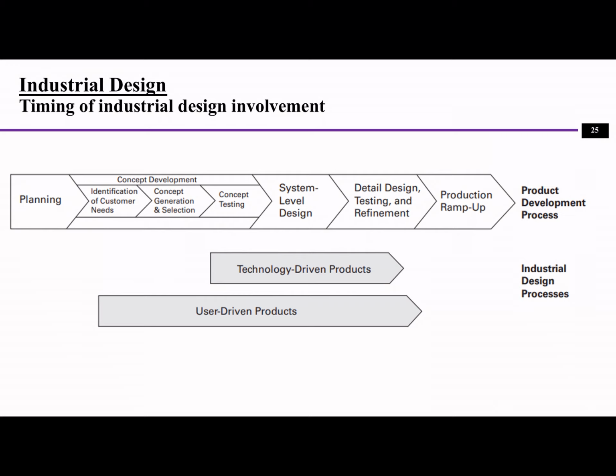If it is a technology-driven product, the first few stages are a bit more about technology, but industrial designers can also be involved at the end of concept testing, in system-level design, and then in all the rest of the stages in production. So this is when industrial design must be involved in these product design stages.